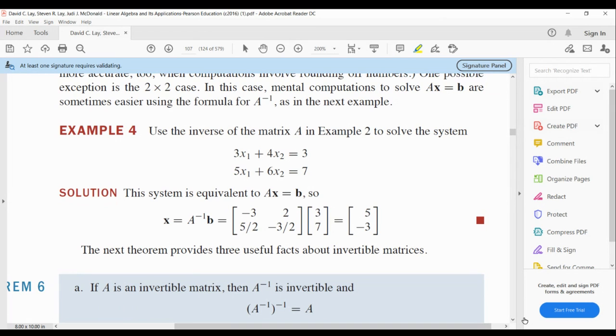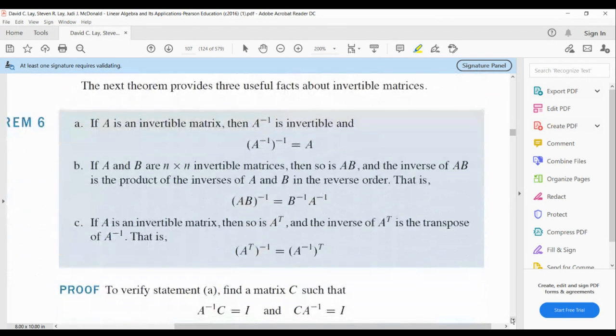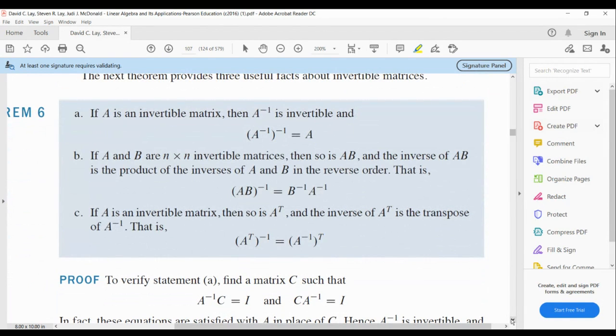So section 2.2, I'll show this numerical note, but inverses for big matrices are going to be very labor intensive to compute, and I'll show you why.